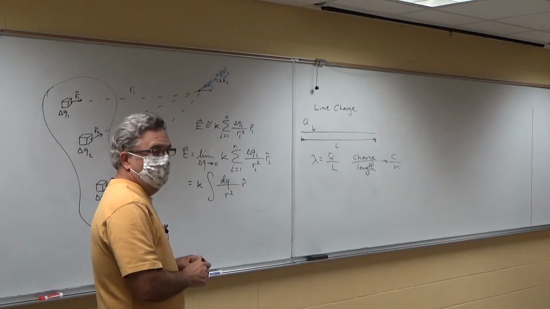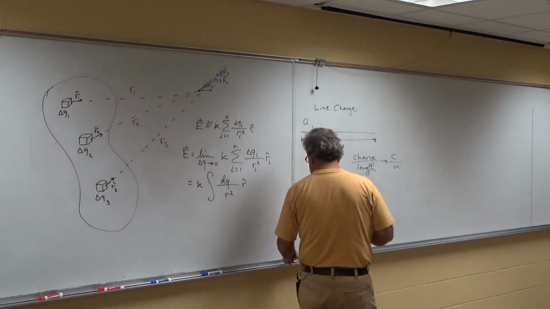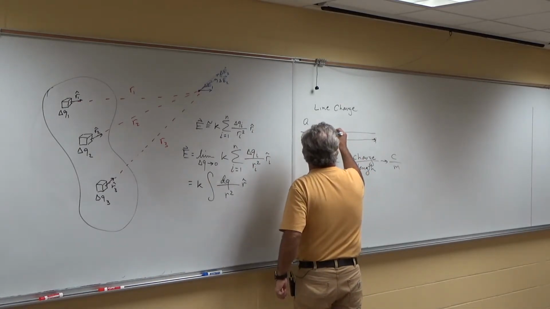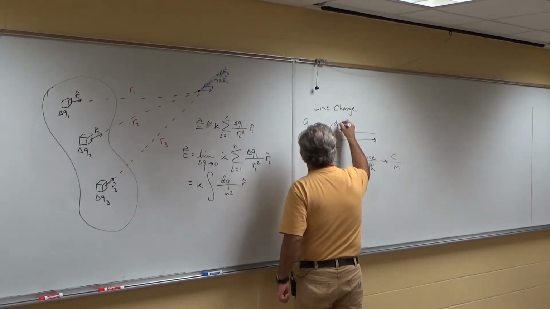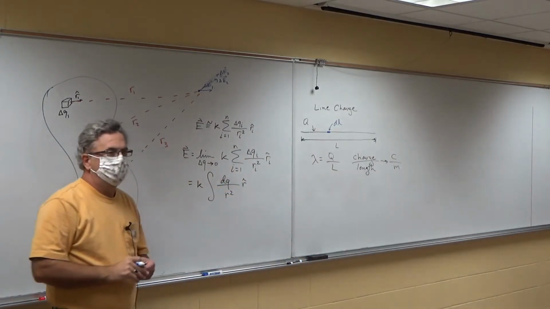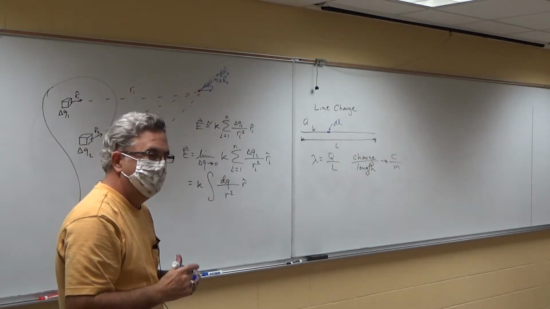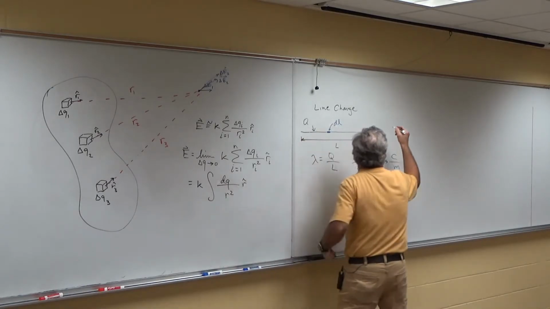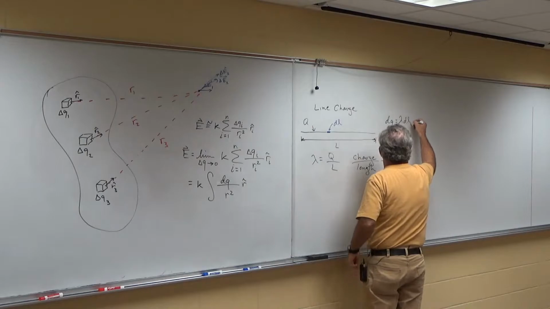What is dq? That's what we're after. If this is a little bit of length dl, I'm breaking it up into little infinitesimal bits of length. dq for a line charge is equal to lambda dl.